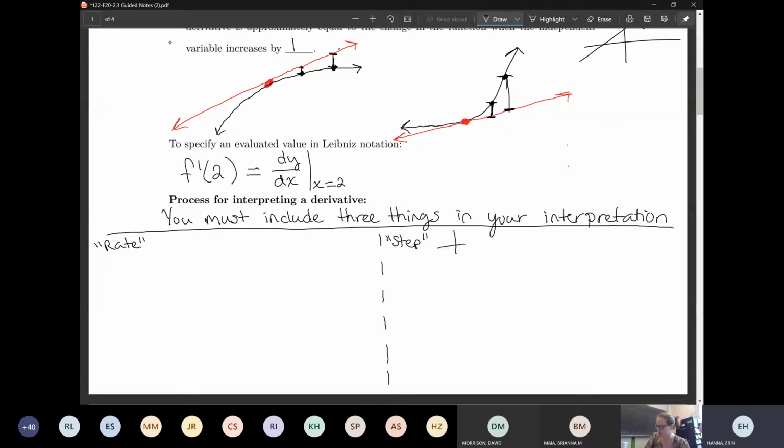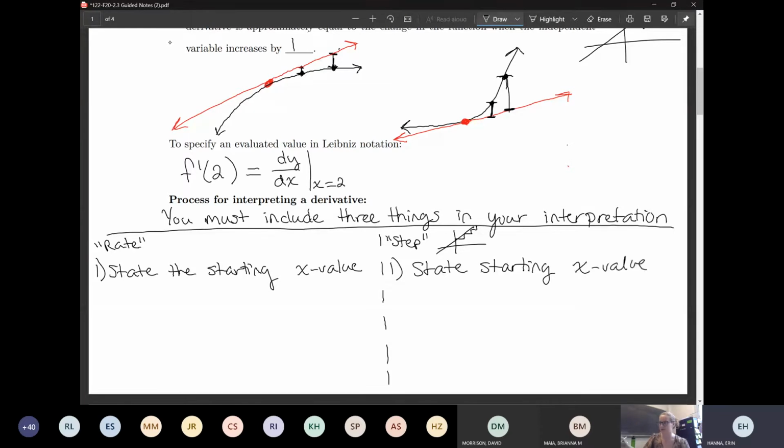Remember, the step is that idea of the slope of the line being over 1 up however many. So the first thing you need in both of these is you always need to state the starting x value, in both cases.